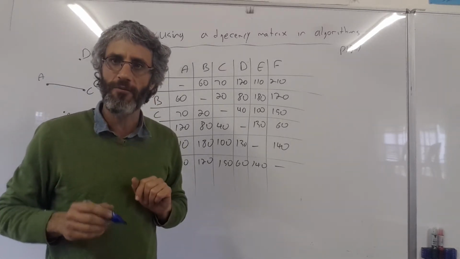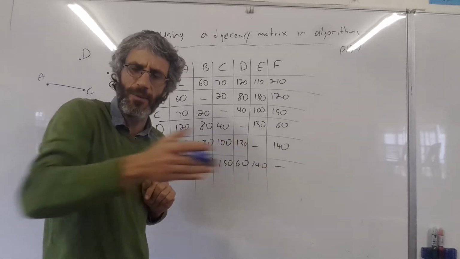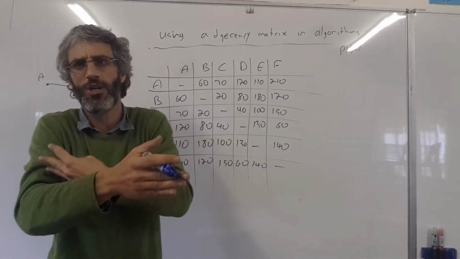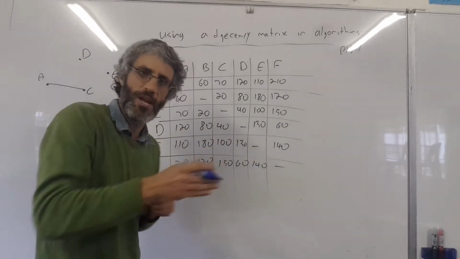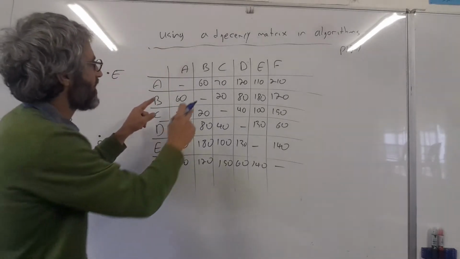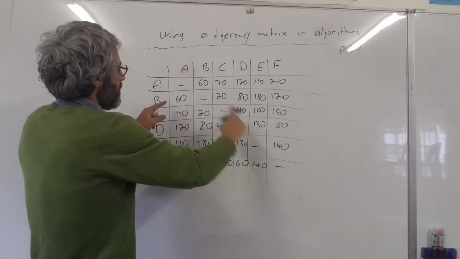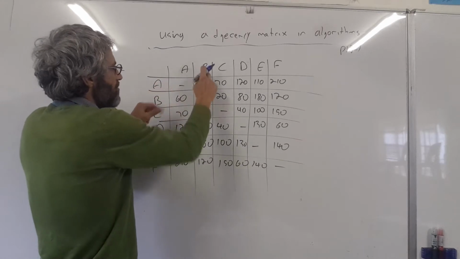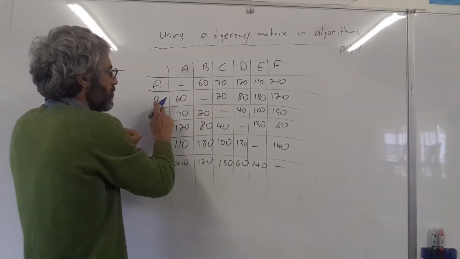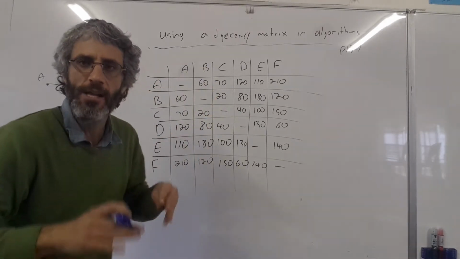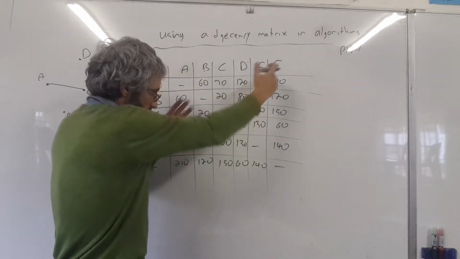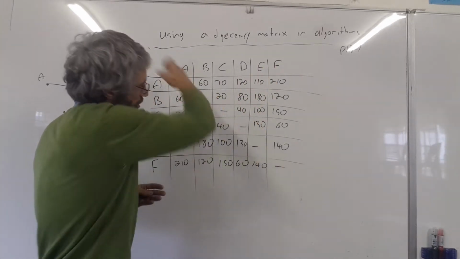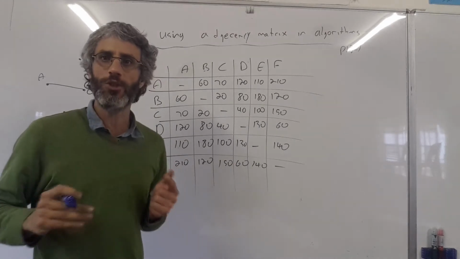Remember, a directed graph means that connections could be different, in just one direction and not in both. But in this case, because it's symmetrical, the connection between A and B is 60, which is the same as between B and A. It goes both ways. We can see the matrix is symmetrical along this diagonal, so we know it's a non-directed graph.